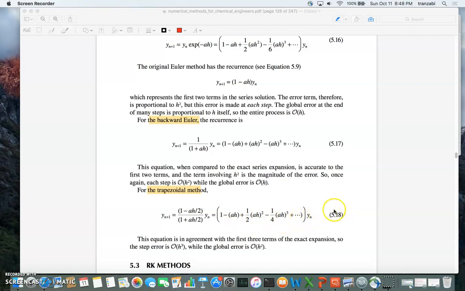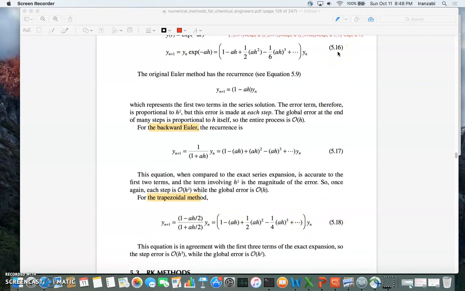Now let's compare 5.18 with the exact solution, which is 5.16. The first term is the same, 1 and 1. The second term is ah, and we have ah here. The third term is 1/2 ah squared, and we have 1/2 ah squared here. I think this is misplaced; this should be outside the parentheses.